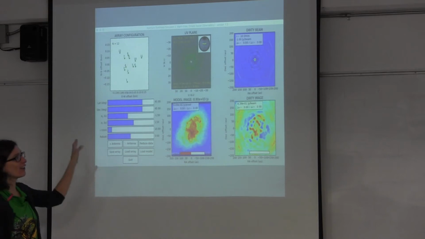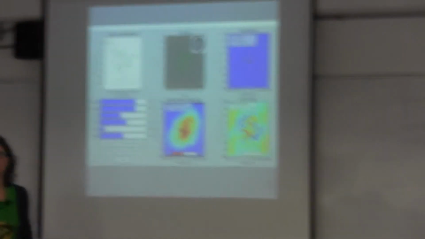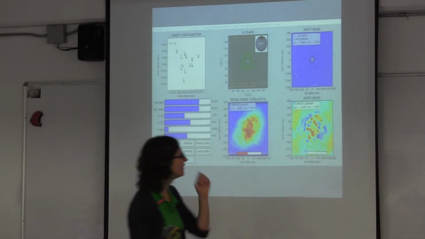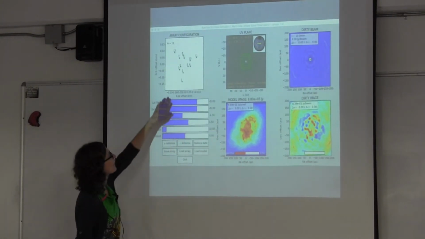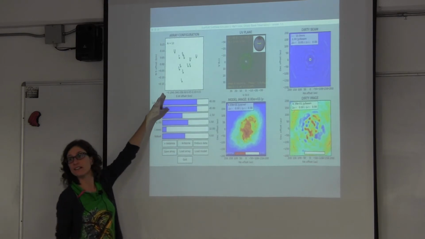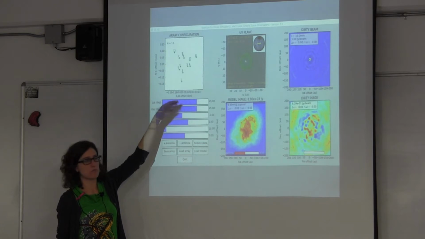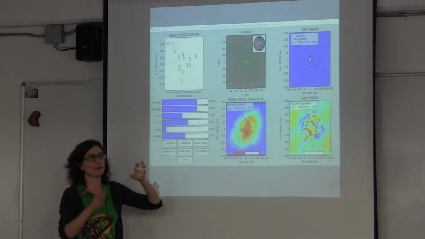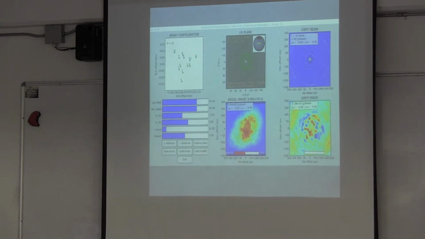Okay, so all of you should have this beautiful GUI on your screens. So here you have the array, the antennas of the array. No, this is an example, an array example.